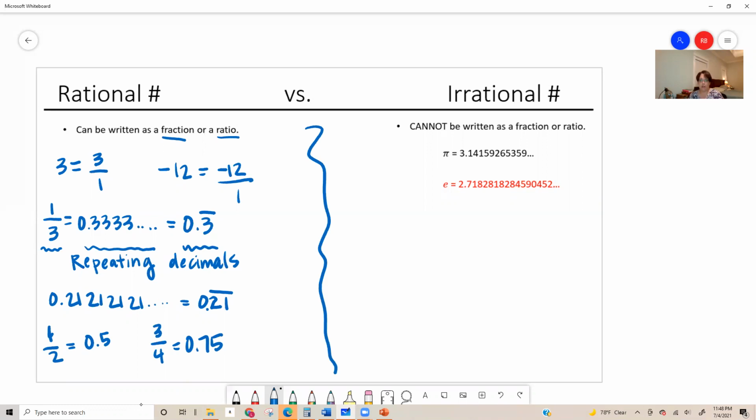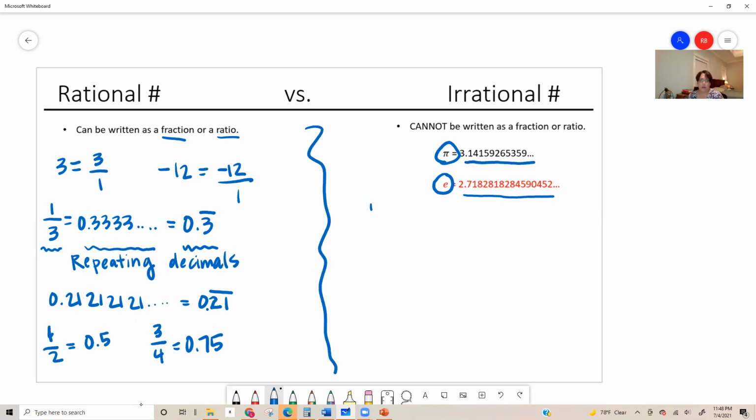Now, irrational numbers cannot be written as a fraction or a ratio. A couple of examples are pi, which is this infinitely long number, and also e is another mathematical number, and it goes on forever. Both of those are irrational because you can't put them in fraction form.